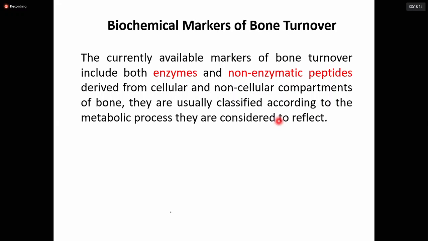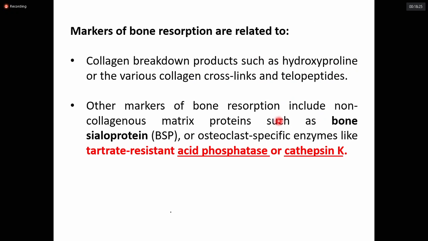So what we are going to test could be enzymes in the blood, or non-enzymatic peptides or molecules. So you are going to check the presence of these markers in the blood in order to have a precise clinical assessment.